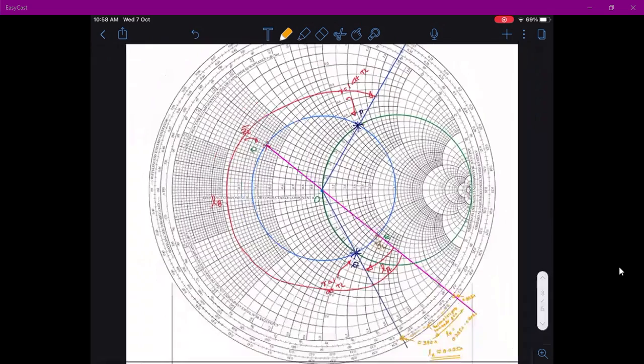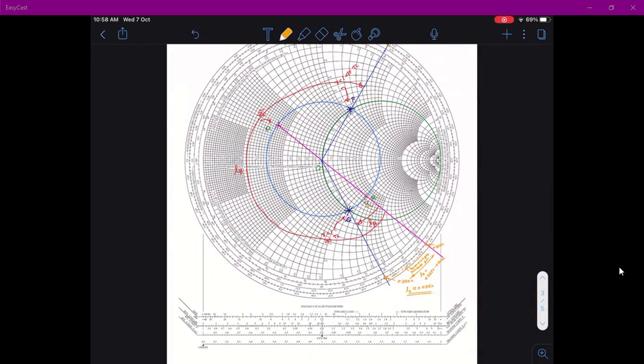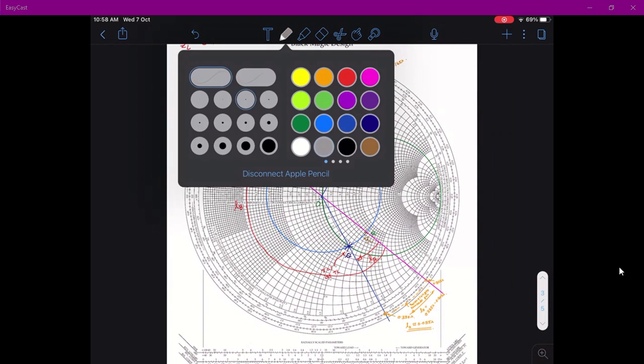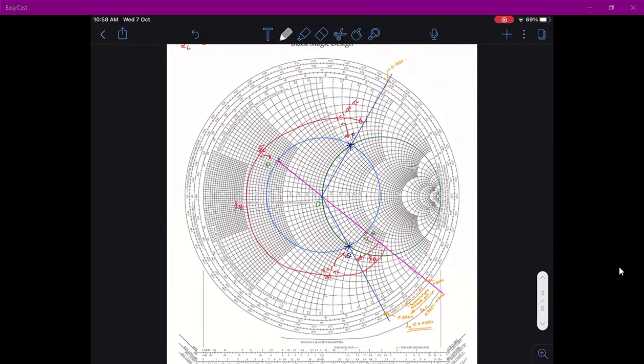Now you need to measure LB. From 0.03 lambda you need to traverse all the way up to here, sorry for my freehand drawing.